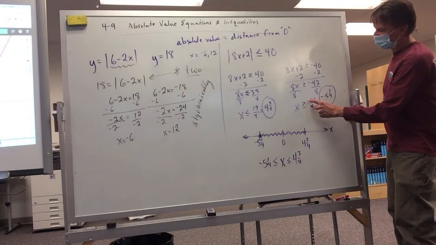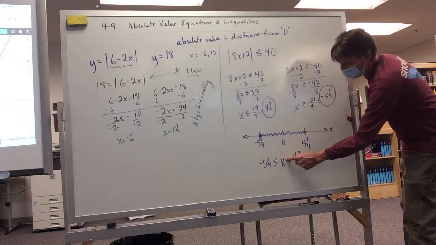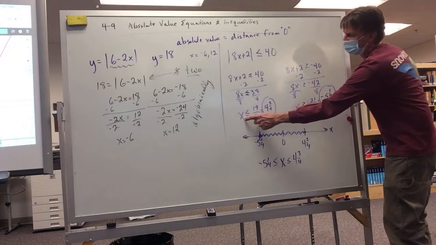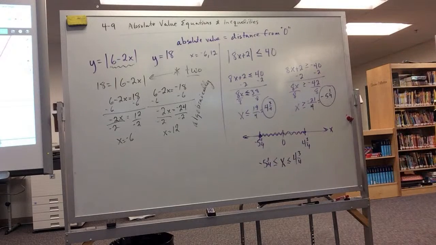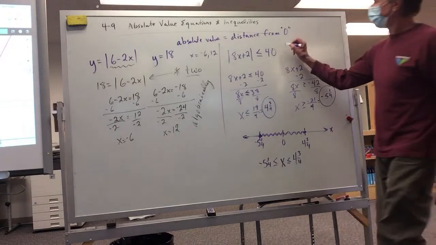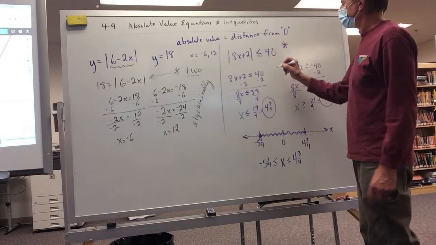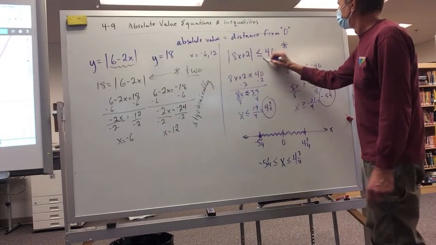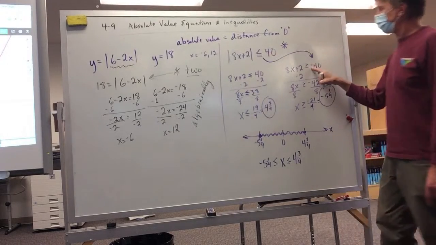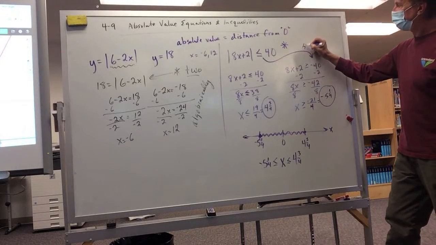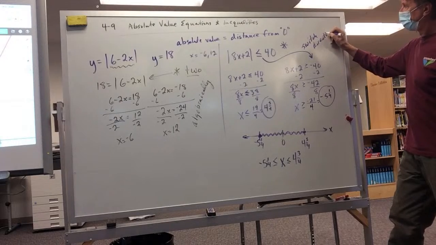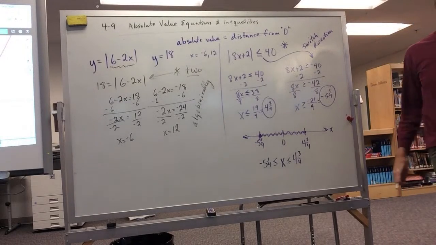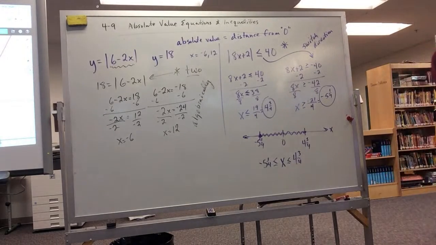So x is larger than the negative, and this says x is smaller than. So the trick to this one is that when we solve for the negative value, we switch the direction of the inequality.